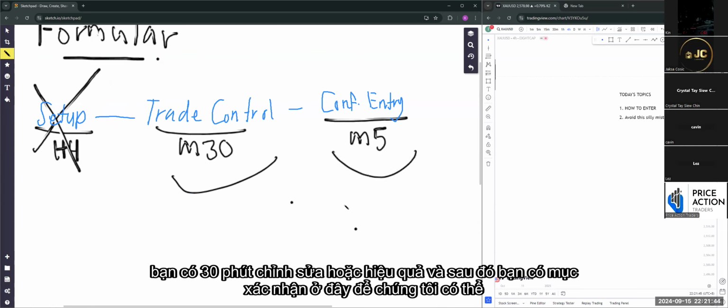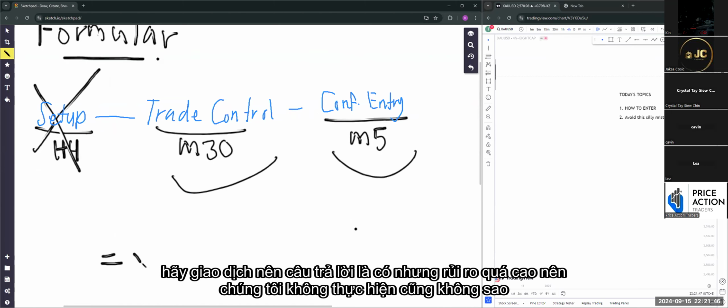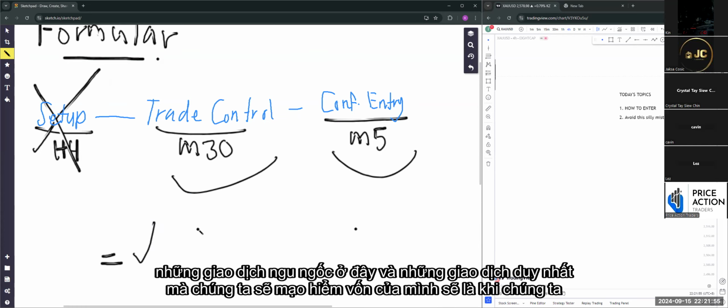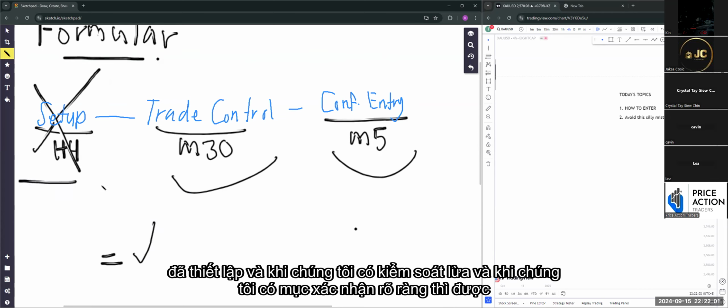Can we take a trade? The answer is yes, but the risk is so damn high. We are not taking stupid trades here. The only trades we're going to risk our capital in are when we have setup, trade control, and a clear confirmation entry.